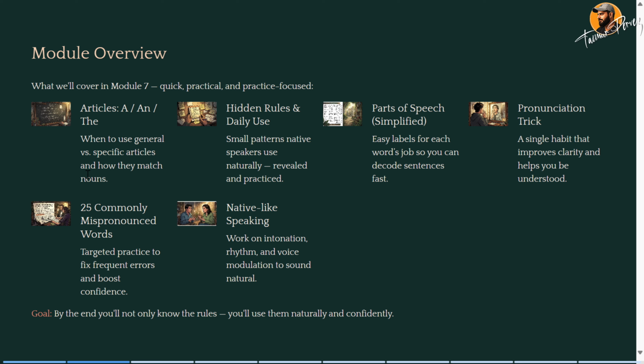First is articles. We will be learning when to use general versus specific articles and how they match nouns, and we will be learning hidden rules and daily use of those rules. जैसे small patterns होते हैं जो native speakers use करते हैं, जिनकी वजह से उनकी language जो है वो काफ़ी natural होती है.